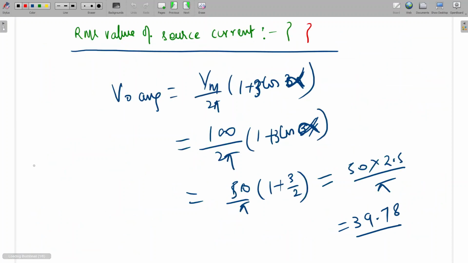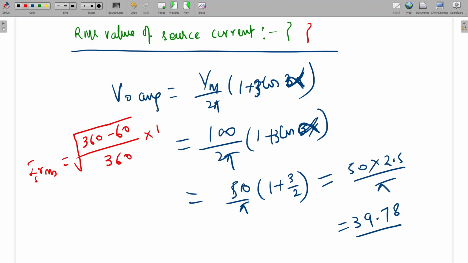IS RMS will be, conduction angle, 360 minus 60 divided by 360 into 10. So this will be the RMS value of the source current. It will be approximately 9.12 ampere. Is it clear?